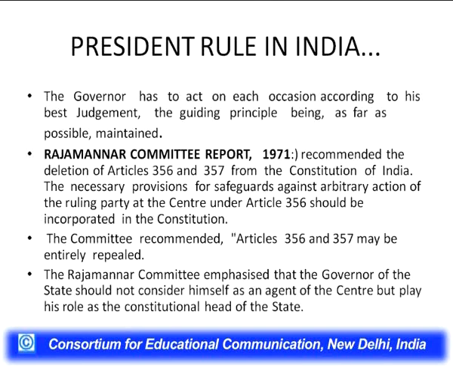But if there is a possibility of external danger in the form of external aggression, or a possibility of internal disturbance because of a complete breakdown of law and order in the state, or because of the inability or lack of political will on the part of the state government, then the governor may be justified in requesting the President to invoke President's Rule under Article 356.